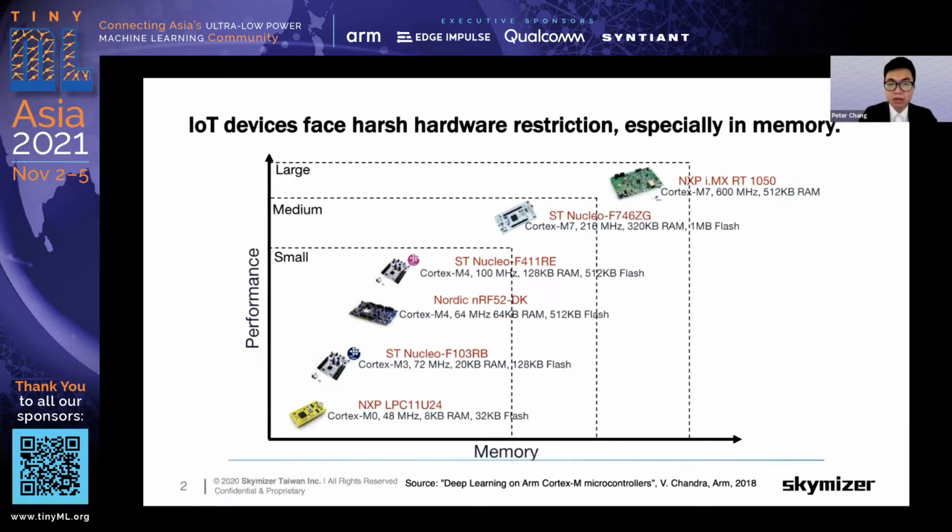They only have limited RAM space like 64 kilobytes or 128 kilobytes, and also limited flash memory, only 128 kilobytes or at most perhaps 512 kilobytes of flash. Bigger devices like the M7 and the i.MX RT1050 have a 600 megahertz CPU and 512 kilobytes RAM. It's still relatively small compared with servers, PCs, or mobile devices.